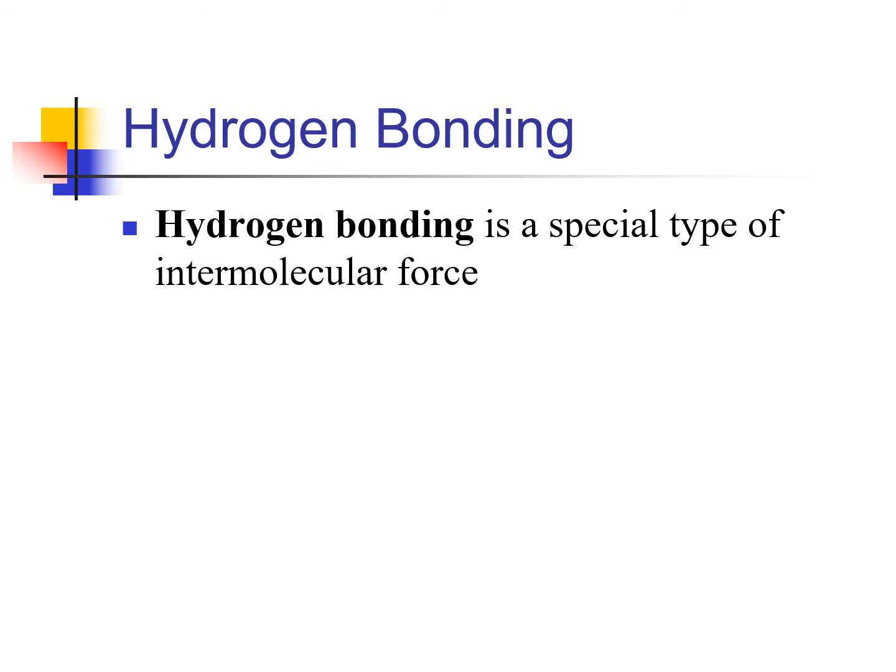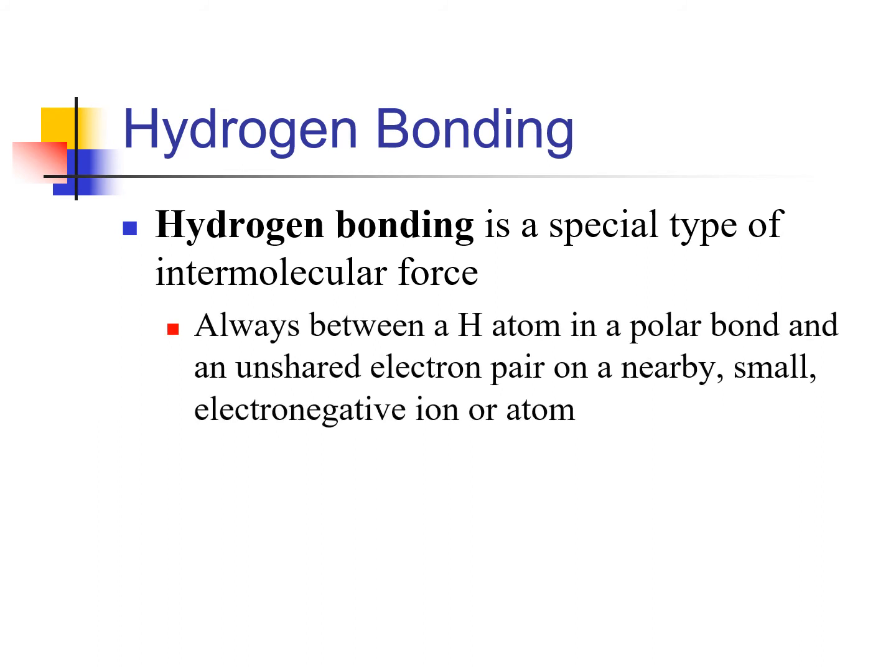Finally, hydrogen bonding. This is the strongest of the three. It's really a special case of a dipole-dipole interaction. Now, to have this, you have to meet some very specific criteria. It has to be between the hydrogen atom in a polar bond and an unshared electron pair on a nearby small electronegative atom or ion.